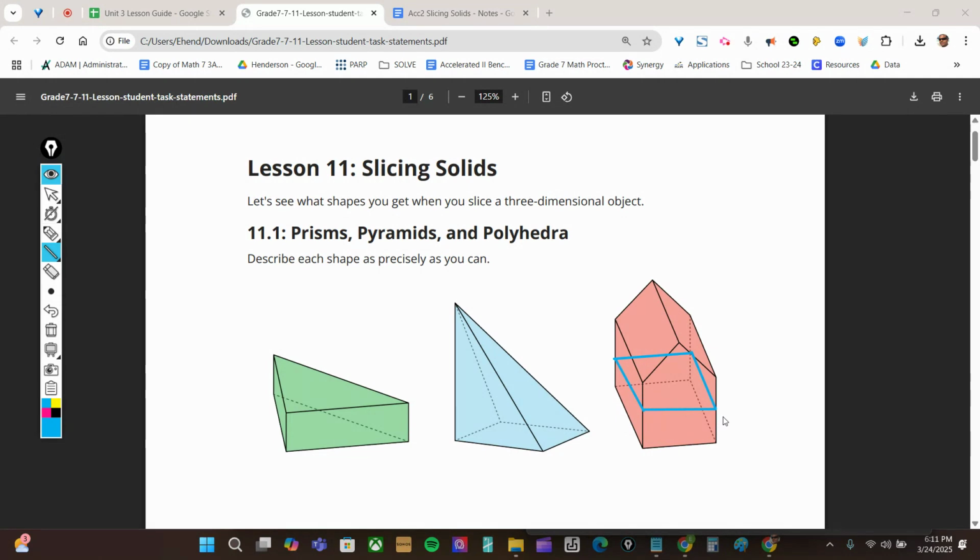If you cut it across horizontally, but then if you cut it vertically, like this way, let me see, cut it this way, but all the way through, you still would have a rectangular shape that would come like this, and then it would come like this. It would just be right down the peak, I guess you would call it. You would still have a rectangle shape as well, something like that.